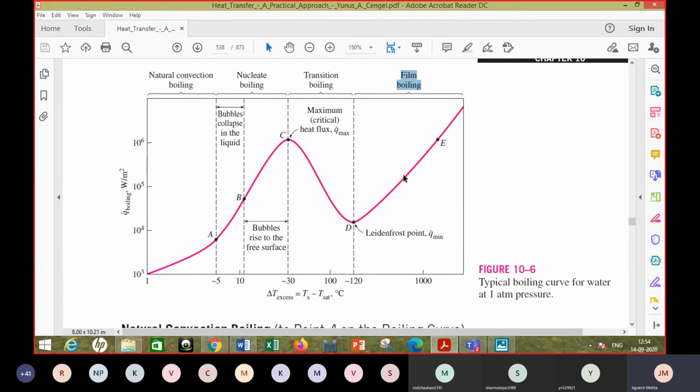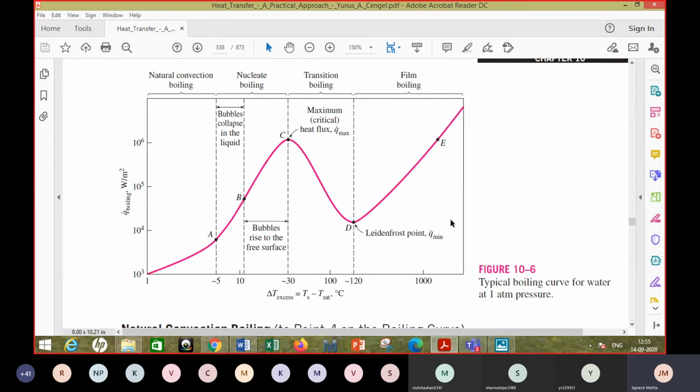Now why does it again start rising? Actually it's not because of the convection or boiling, but because of the radiation now contributing more and more to the heat transfer phenomena. Because the heater temperature is now very high, radiation is also contributing very significantly, and because of the contribution of the radiative heat transfer mode, you are able to again increase the heat fluxes.